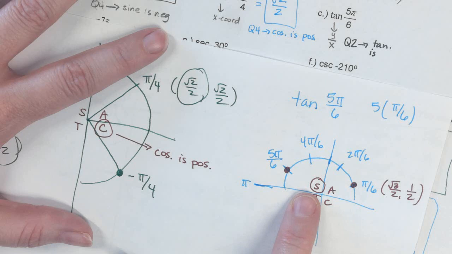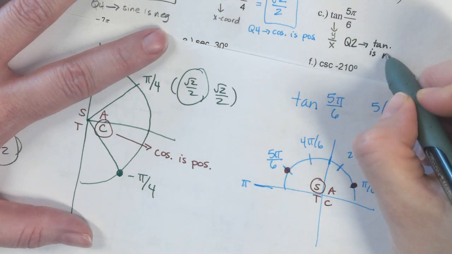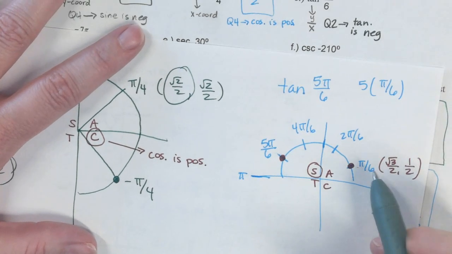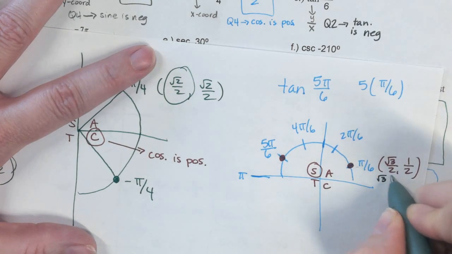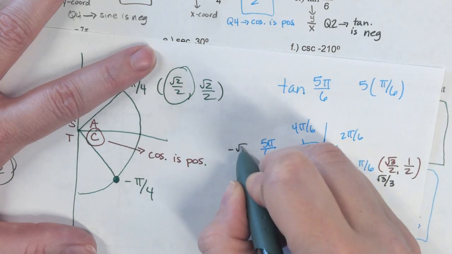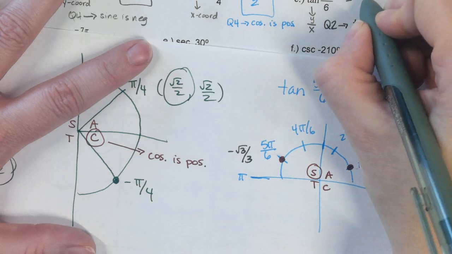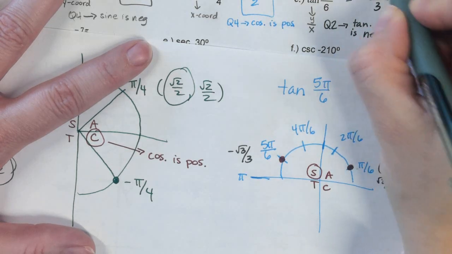Whatever is not marked as positive is going to be negative. So what is the tangent at pi over 6? Yep. So if this is root 3 over 3, this is negative root 3 over 3. And that is your final answer, negative root 3 over 3.